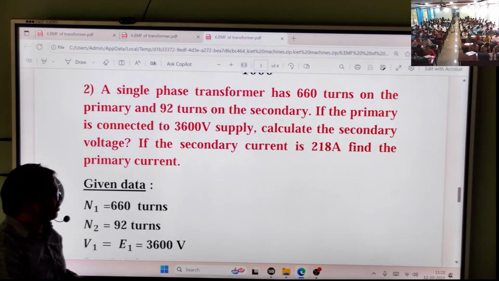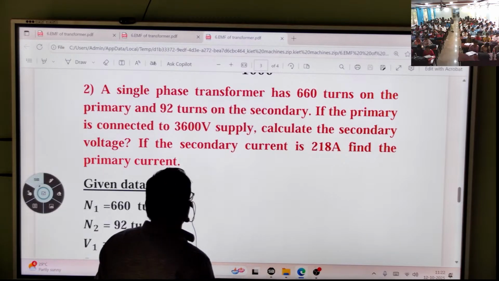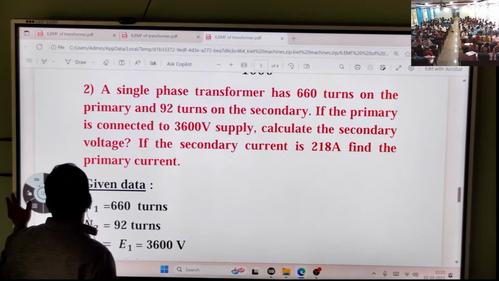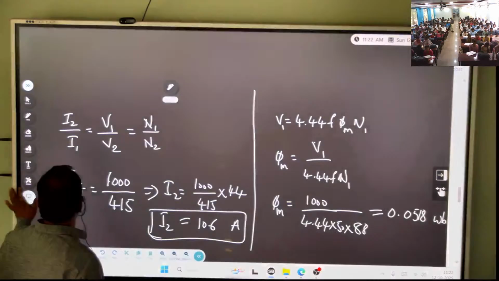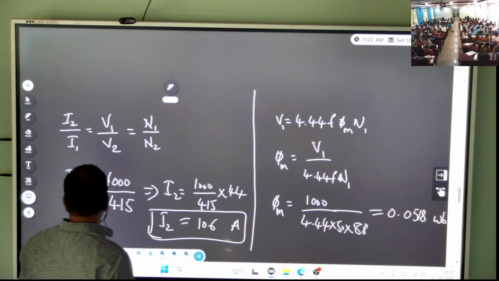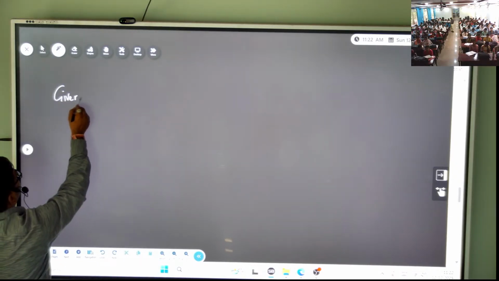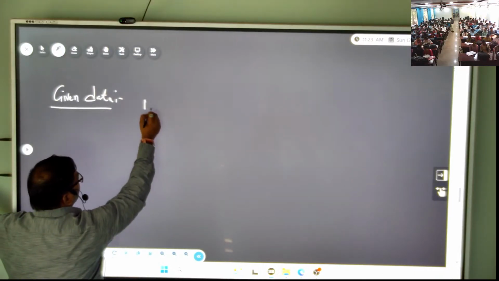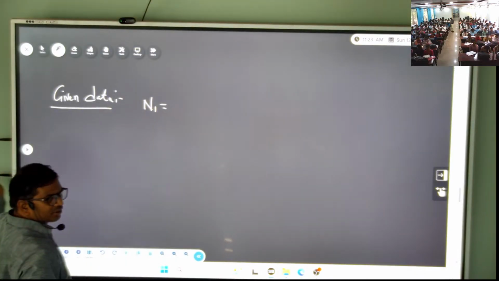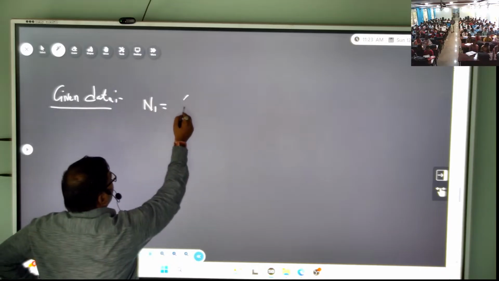Okay, let's do this problem. What is the given data? N1 is given. N1 is how much? 660.